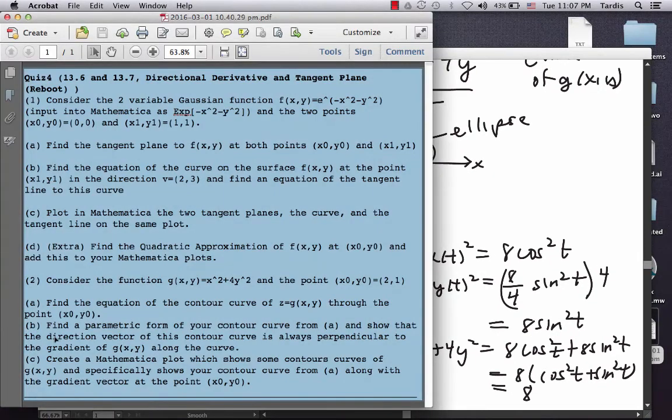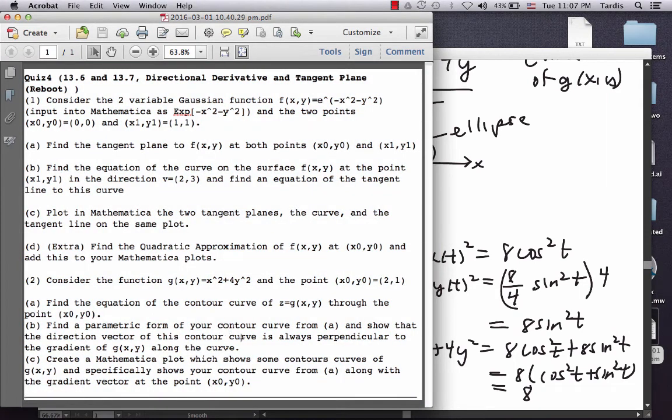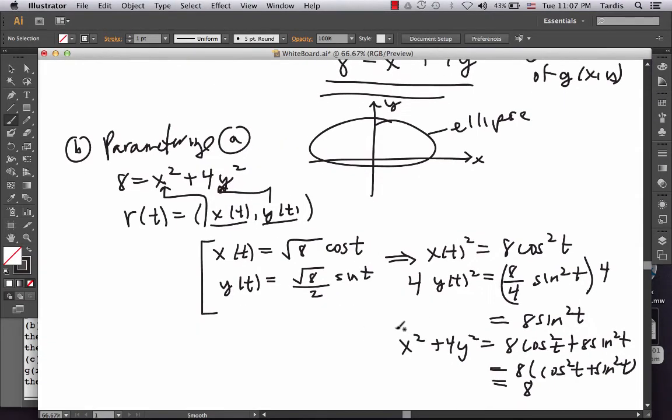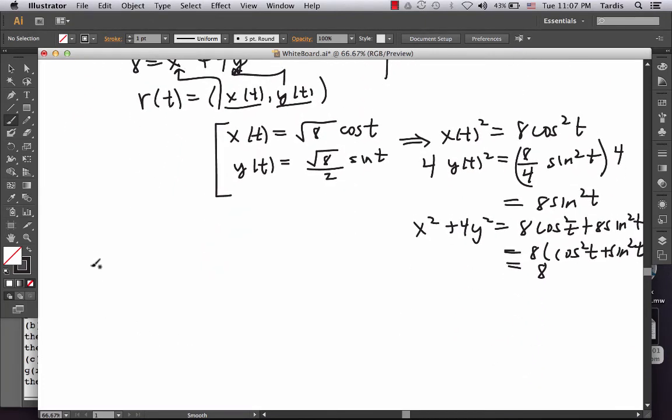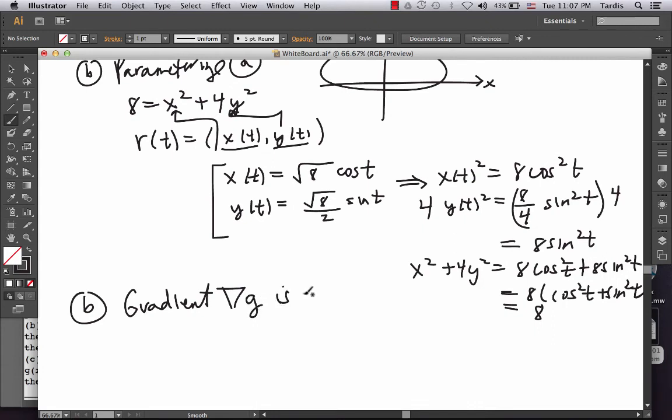Okay, so we have completed part B, which is to parameterize this curve and show that the direction vector of this contour curve is always perpendicular to the gradient. So if you continue here with B, what we are trying to show is that the gradient of g is always perpendicular to the level curve.